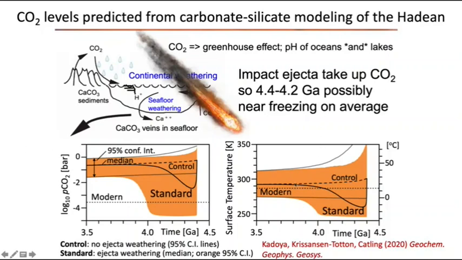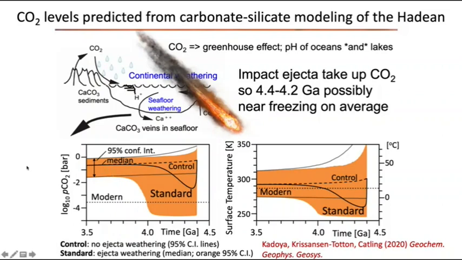Surface temperature remains moderate owing to the negative feedback of the geological carbon cycle. The PCO2 that's labeled in the standard case, which includes the impact ejecta and its weathering, is lower than that of the control case, particularly in the early Hadean.